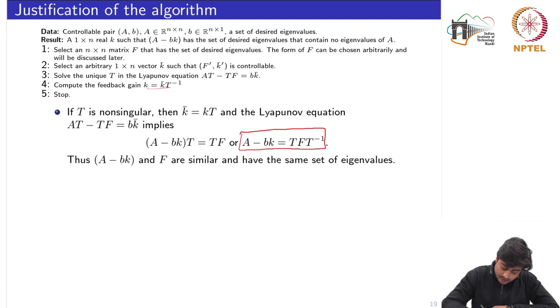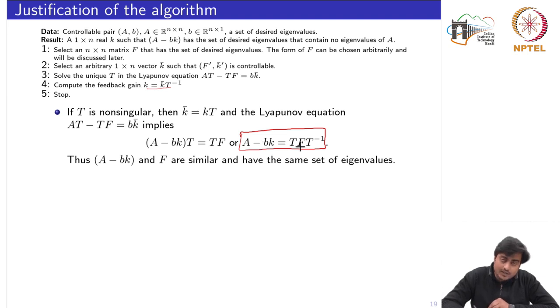Now if you pay close attention to this equation, it is the same equation we used when we discussed the similarity transformation, where T could be any non-singular matrix, and here T happens to be a transformation matrix, and we know that under the transformation the eigenvalues do not change.